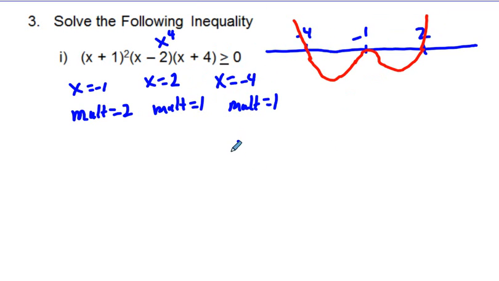So we're going to have x is equal to, we have the interval, and again equal to is included, so we can write this as between negative 4, now, oh, we're looking for greater than, excuse me.